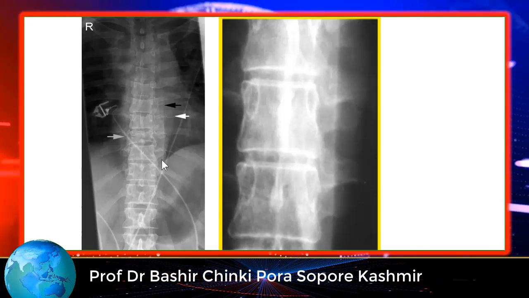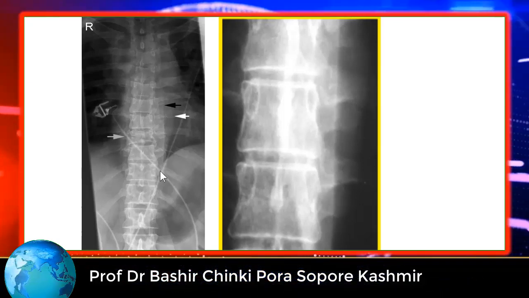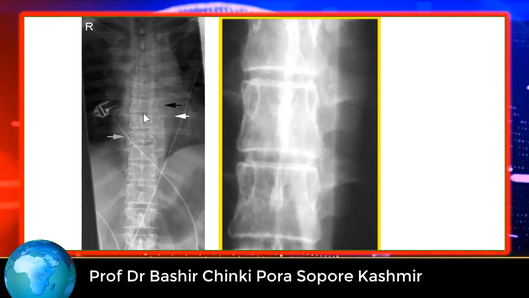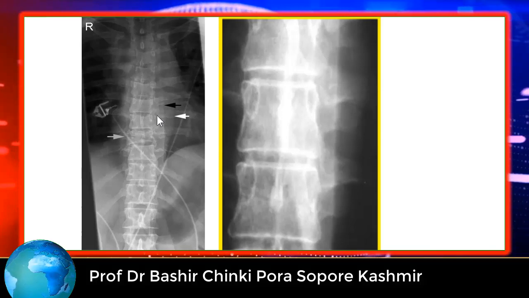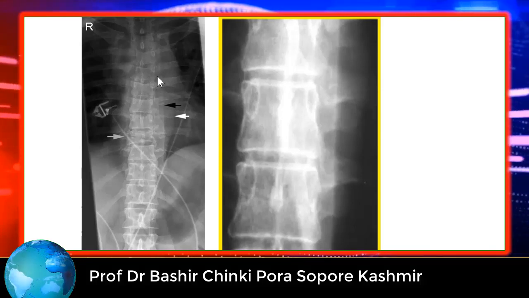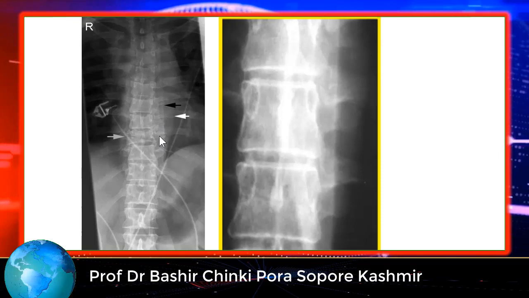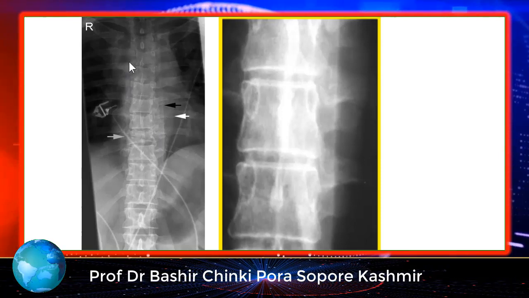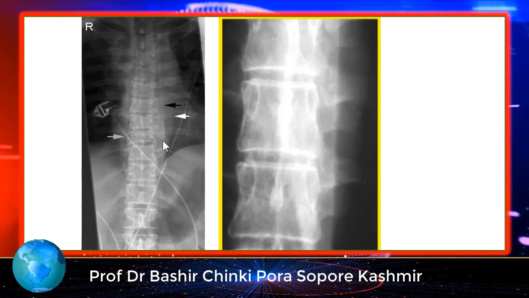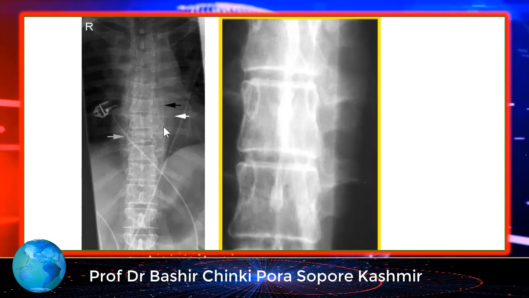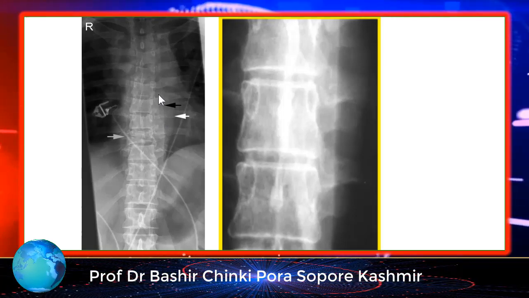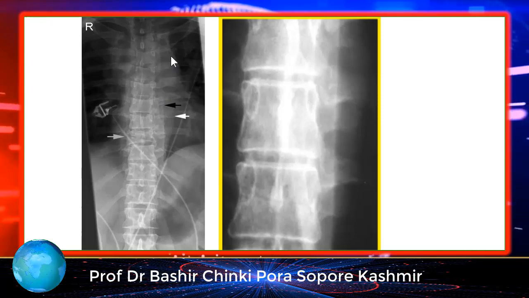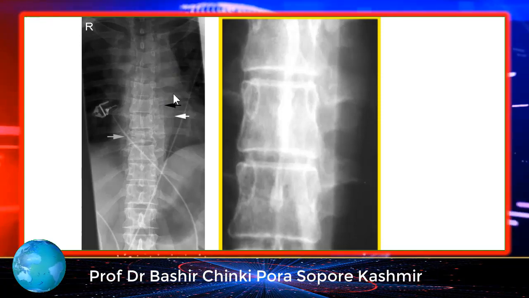Let me show it here again. This is the left paravertebral strip, a light opacity alongside the vertebral column. Sorry, this is the left paravertebral strip, and this is the right paravertebral strip. You can clearly see this line here, and lateral to this line is the shadow for the descending aorta.